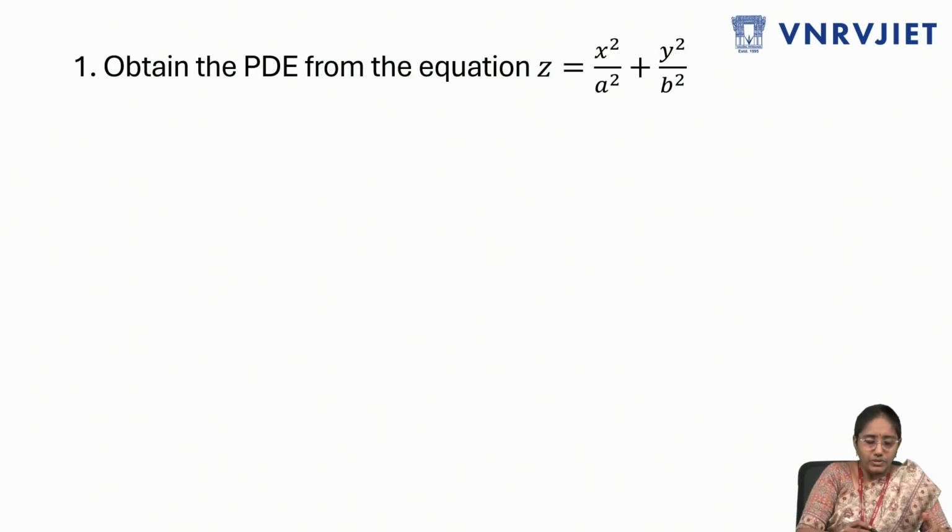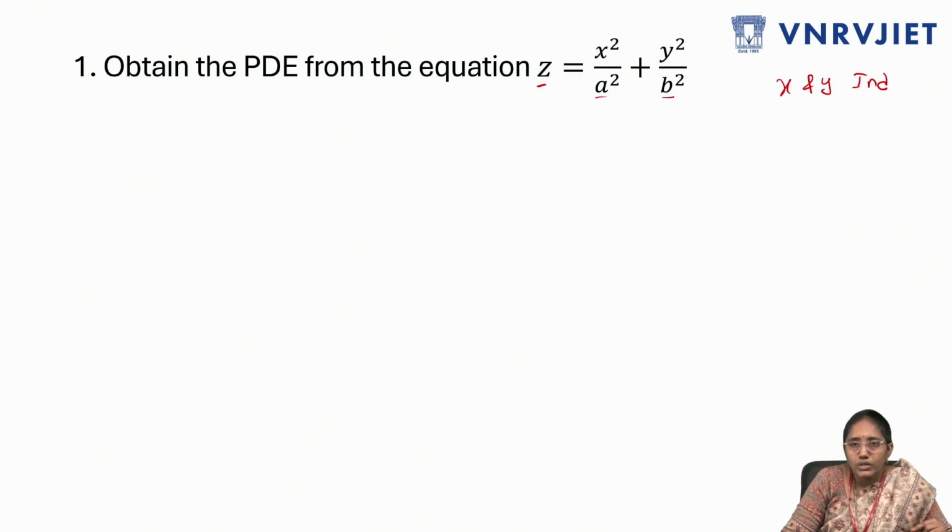Here we take an example, z equals x square by a square plus y square by b square. In this equation, z is the dependent variable, x and y are the independent variables, and a and b are the arbitrary constants. In this equation, we need to eliminate a and b.